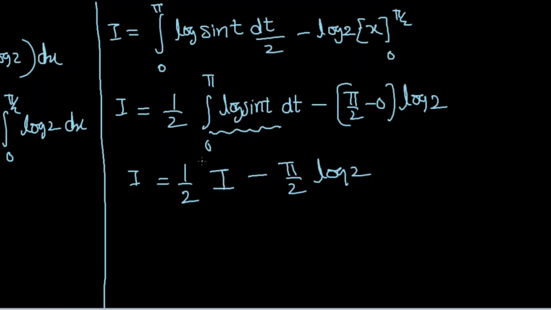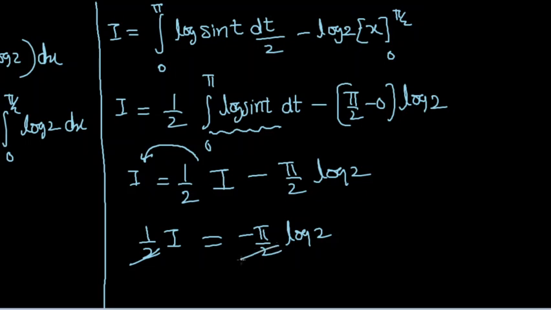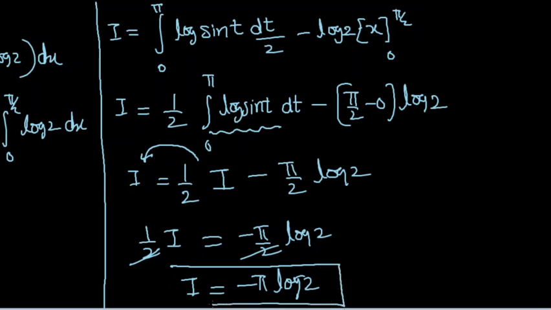Send this term to the left side: I minus 1 by 2 I. I remains, equal to minus pi by 2 log 2. The 2 cancels, so I is equal to minus pi log 2 is the answer. This is the solution part. This is too lengthy, but this kind of question is very important.